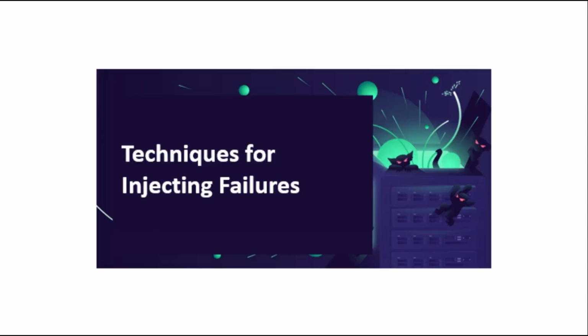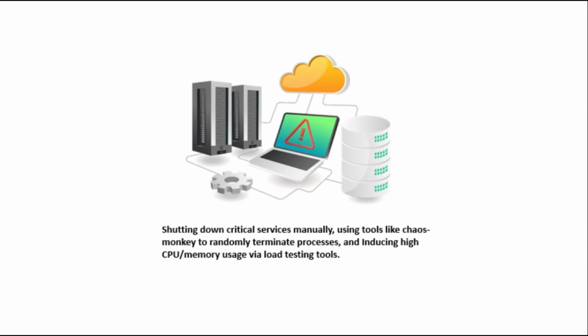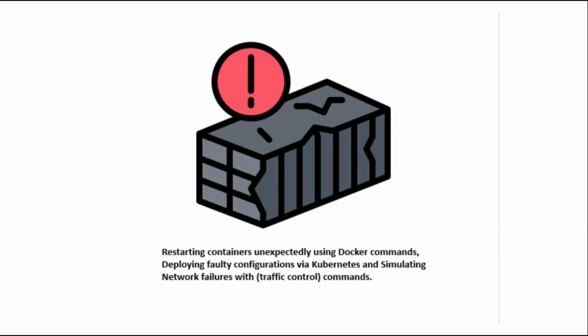Now let's look at the techniques for injecting failures. 1. Server failure injection. A method for shutting down critical services manually, using tools like Chaos Monkey to randomly terminate processes and inducing high CPU and memory usage via load testing tools. 2. Container failure injection.